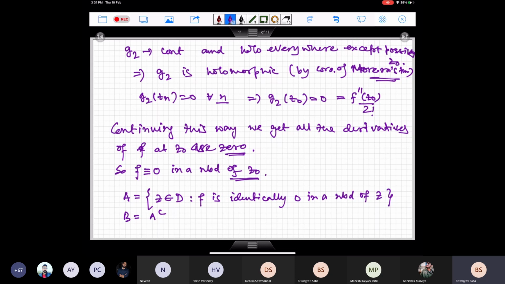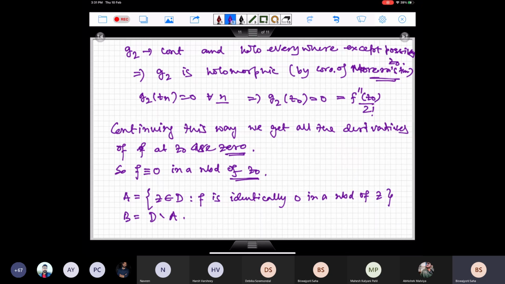Since A union B gives you D, which is a connected set, and both A and B are open with A non-empty, we will get that B must be empty, and therefore A will be equal to D. And once A is equal to D, that means I get f is identically 0.